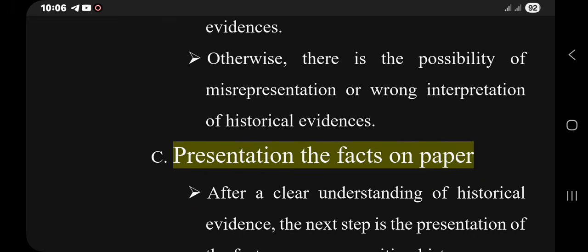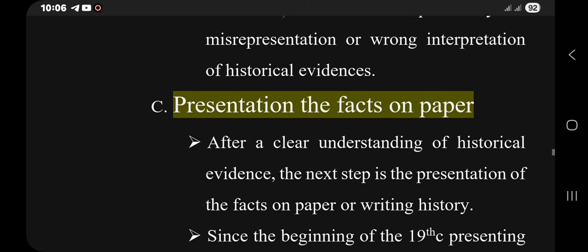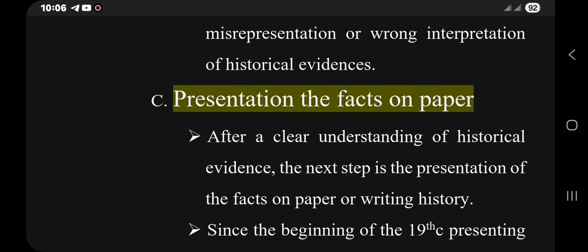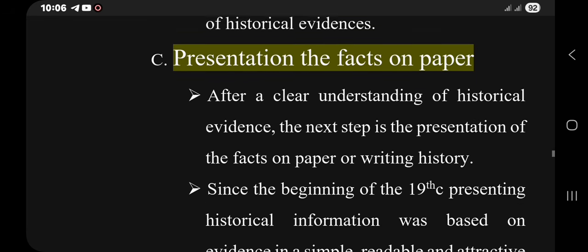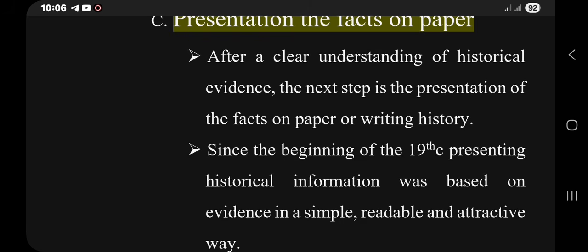The next decisive element of historical writing was presentation of the facts on paper, meaning writing a history. After a clear understanding of historical evidence, the next step is presenting all the facts without bias. Since the beginning of the 19th century, presenting of historical information was based on evidences, in simple, readable, and attractive ways.